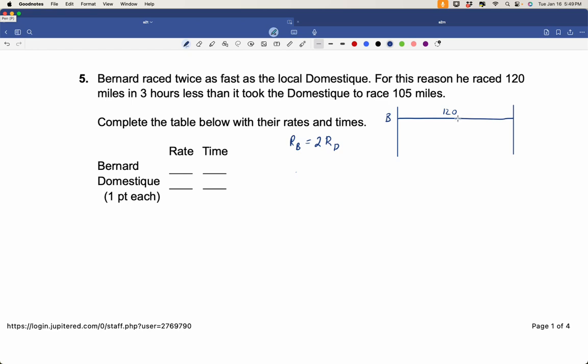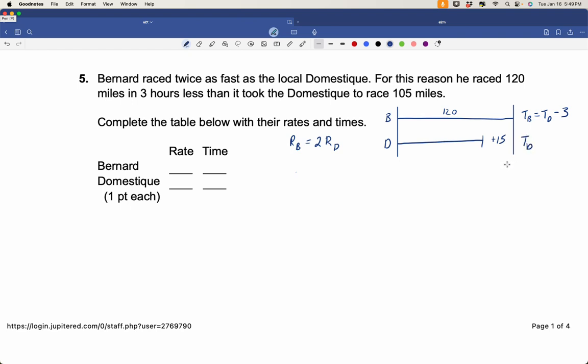And his time was, the time of Bernard is equal to the time of Domestique minus 3 hours. And Domestique did 105 miles. So she did 15 short of what he did. And then her time was whatever her time was.